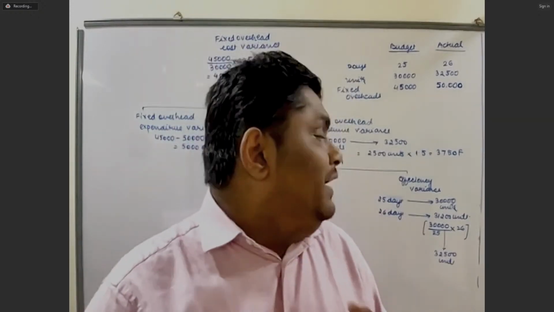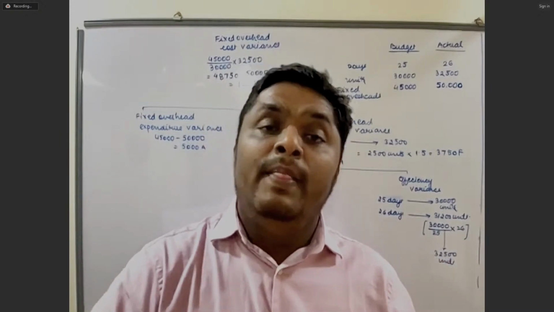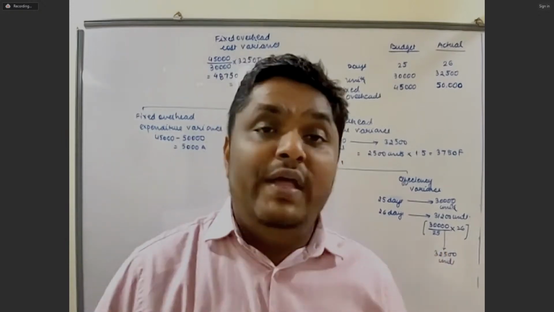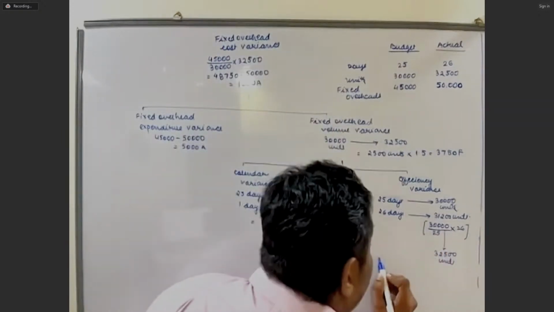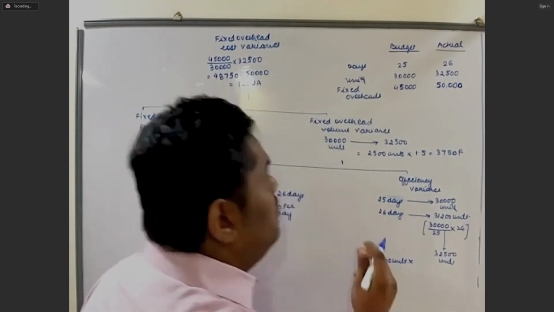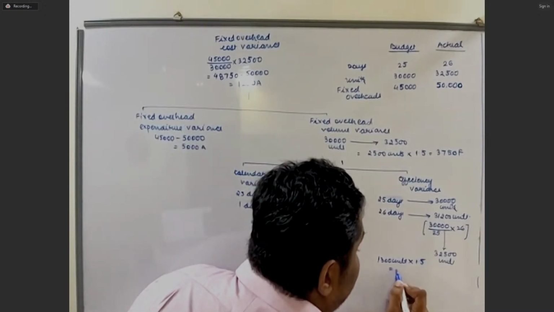We were supposed to manufacture only 31,200 units in 26 days. But in these 26 days, we manufactured 32,500 units. That is 1,300 units extra we manufactured into the rate per unit, that is 1.5. So this will be 1950 favorable.